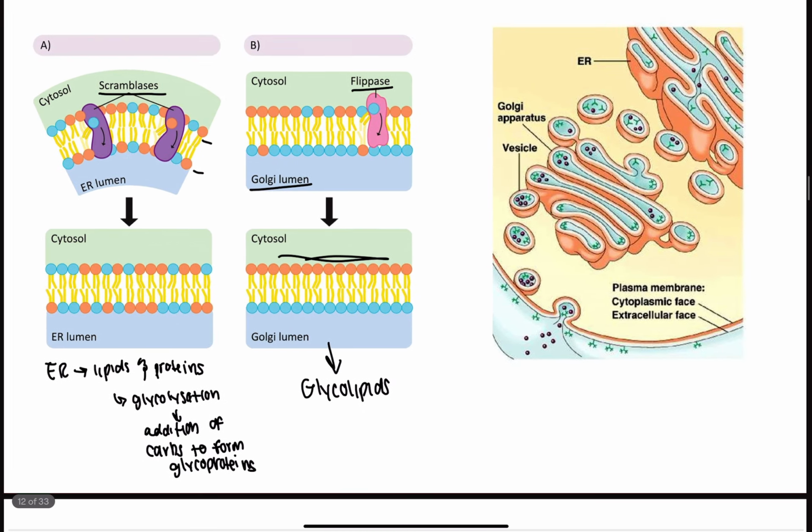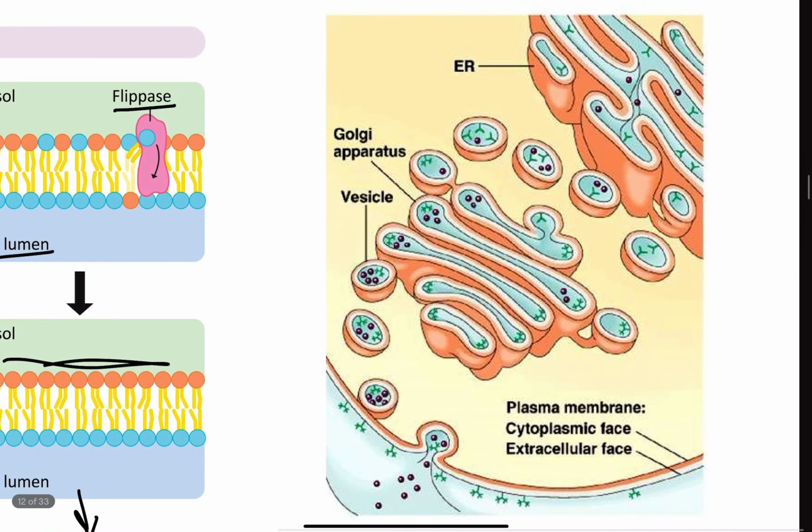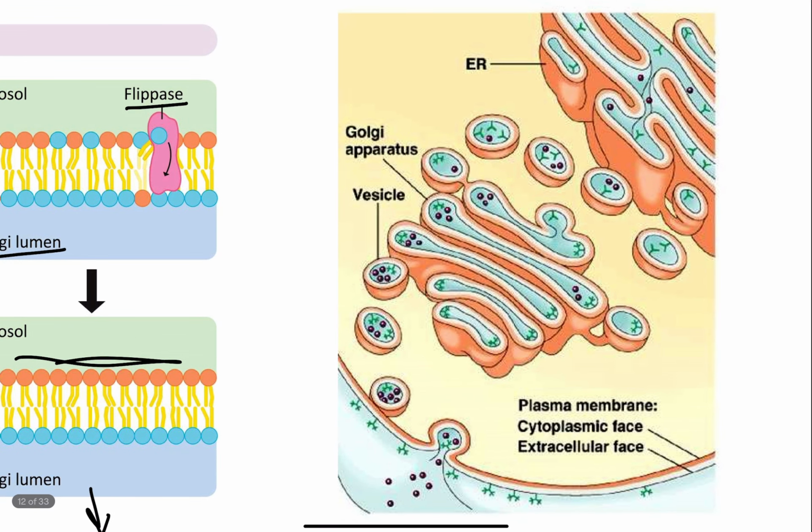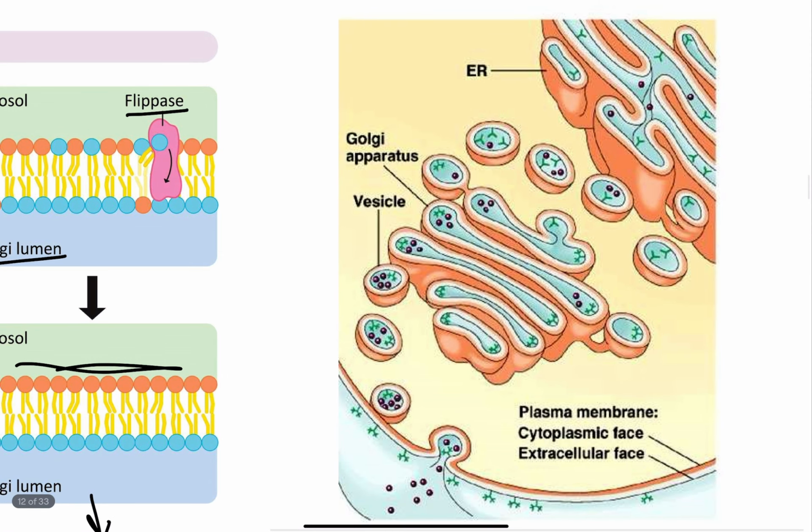The rightmost figure shows the vesicle transport from the Golgi to the plasma membrane. Basically, our vesicles that came from our Golgi are going to make their way to the plasma membrane. The luminal side, which was originally the inner face of the endoplasmic reticulum and Golgi, is going to become the extracellular face.